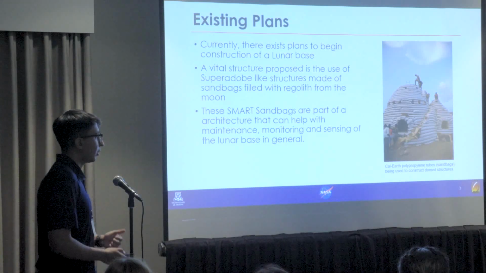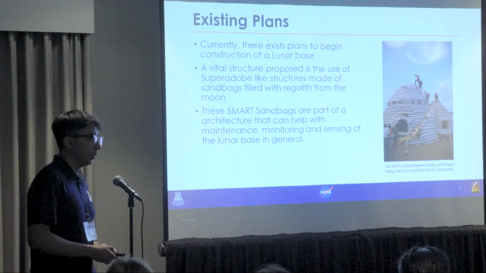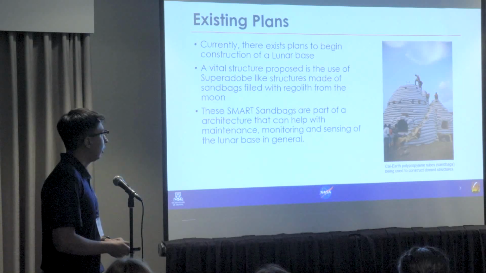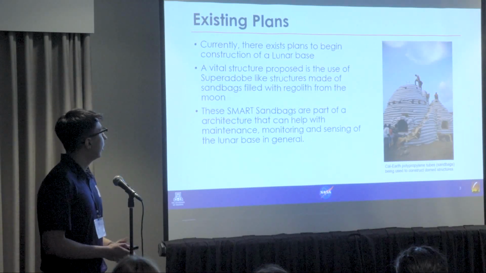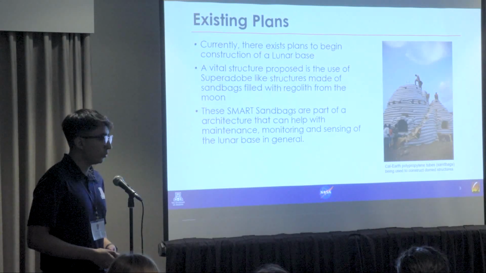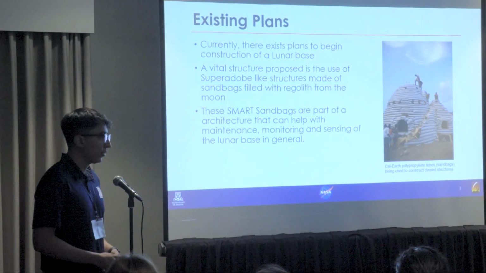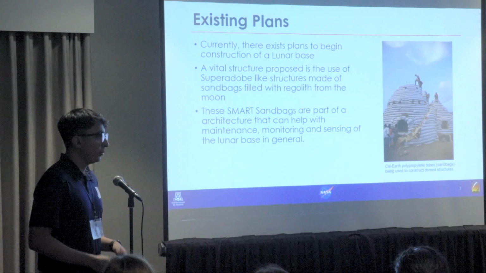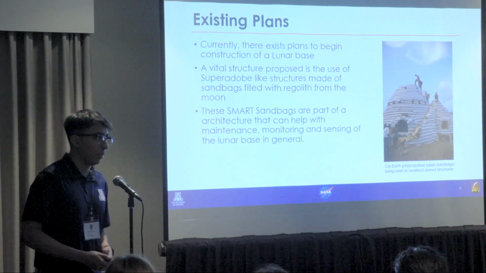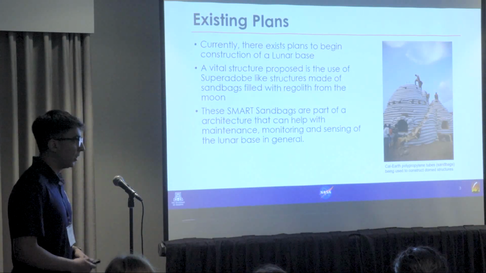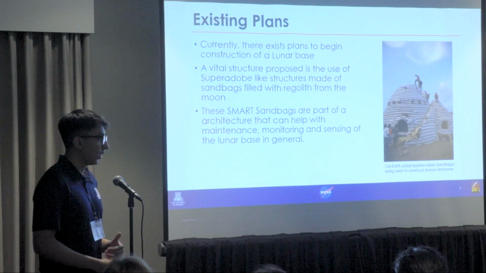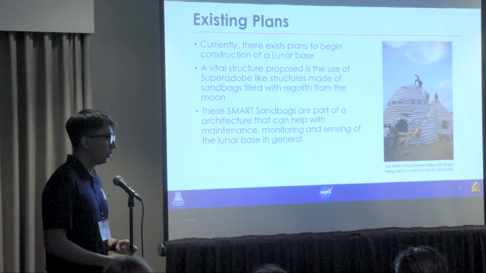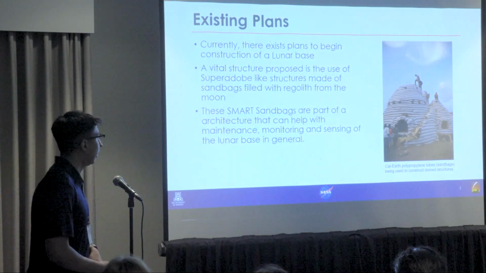A vital structure is a super adobe, a proposed structure that would use what are known as smart sandbags, which I'll explain later, to make these super adobes. They will be made out of regolith from the Moon, because we are limited in resources and sending that payload to space is going to cost a detrimental amount of money. These smart sandbags are part of an architecture that can help with maintenance, monitoring, and sensing of the lunar base in general.